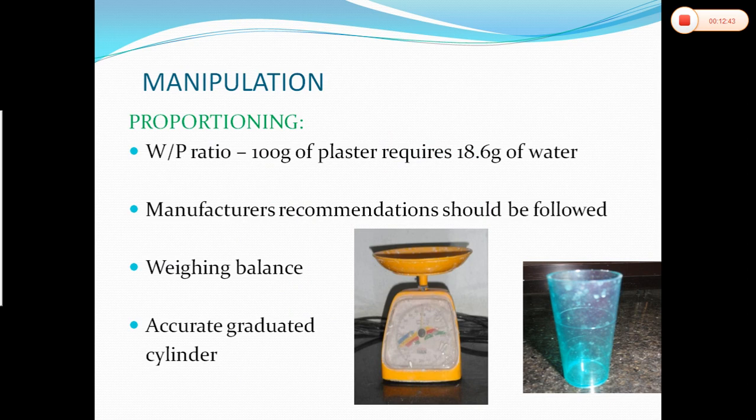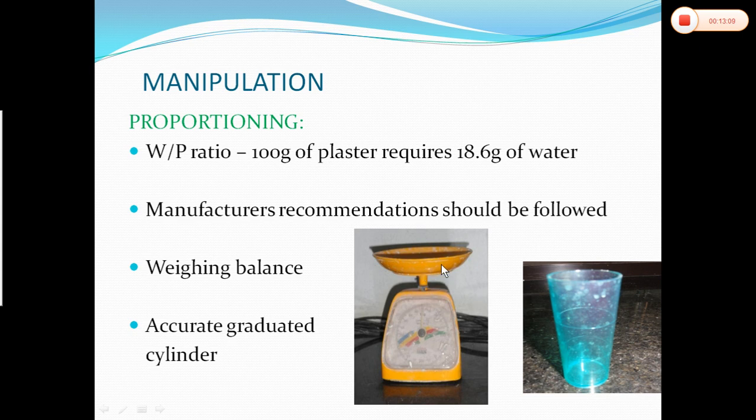Coming to manipulation, how you do the mixing part. As you have already done in first year and second year, first you take a clean bowl and a clean, hard, stiff spatula, and you take water in a graduated jar and dispense it in the bowl.